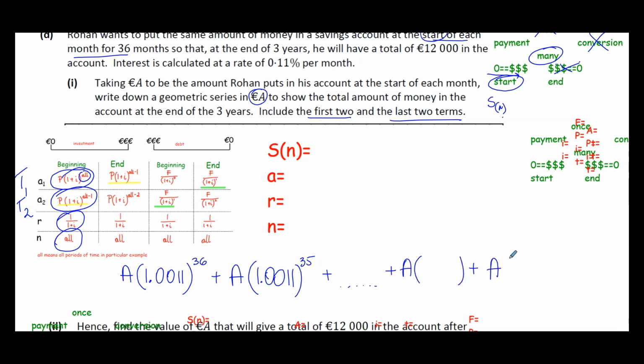It's every time A multiplied by 1 plus our interest rate. Now, what about the powers? If I'm going from 36, that means that my last one will be power of 1. And the one before the last will be power of 2. And there it is, we have our sequence created.